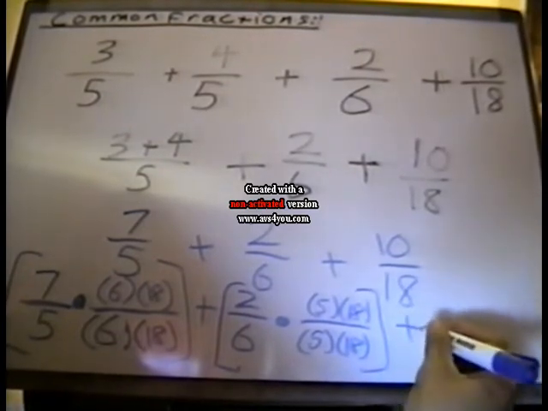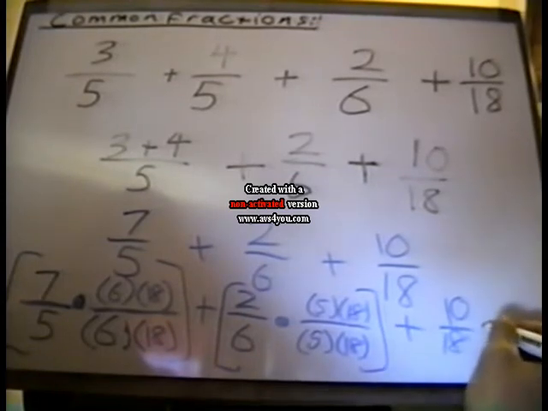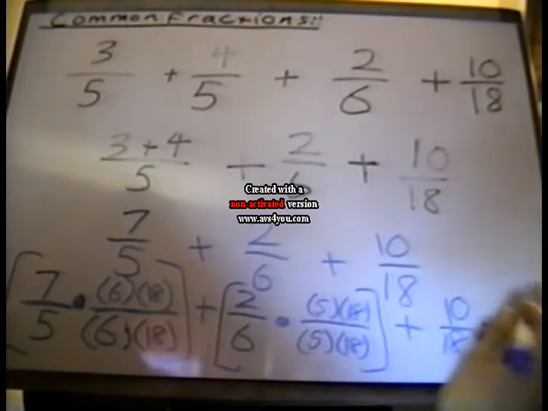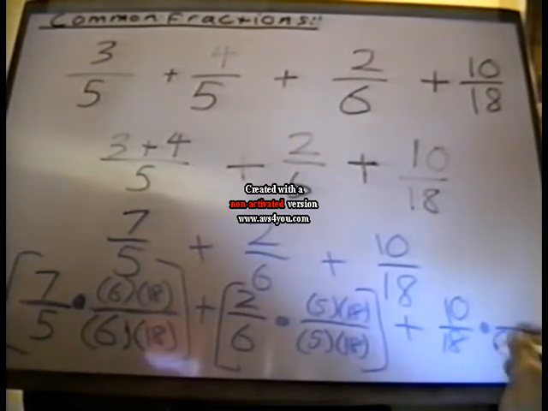And you're going to add that to 10 over 18. You're going to multiply that by 5 times 6 over 5 times 6.